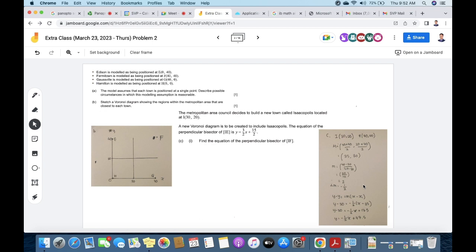Once we found the negative reciprocal, that is what we can use in order to find the equation of the perpendicular bisector. So the equation would now be y = -1/2 x + 47.5. And so we have this already.